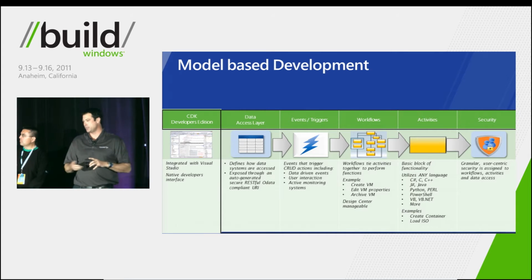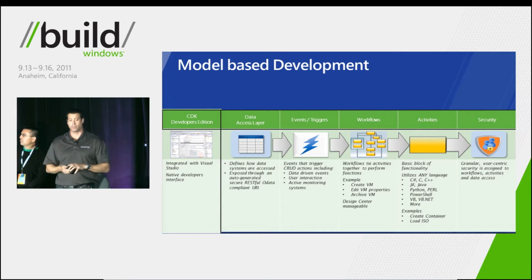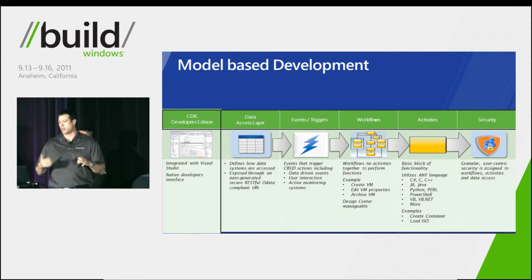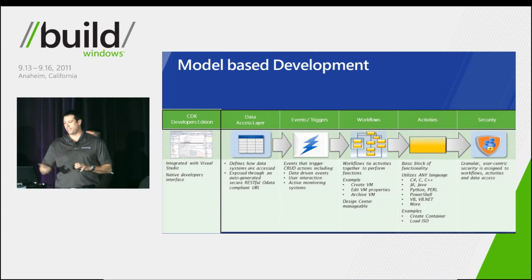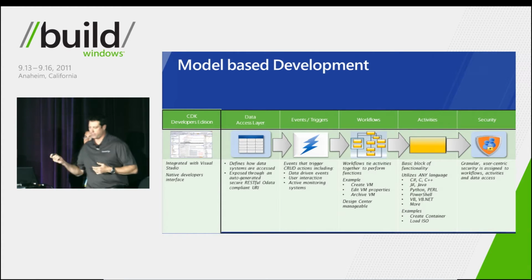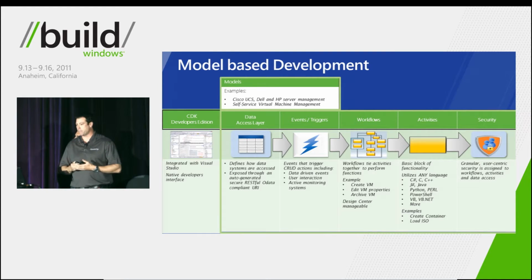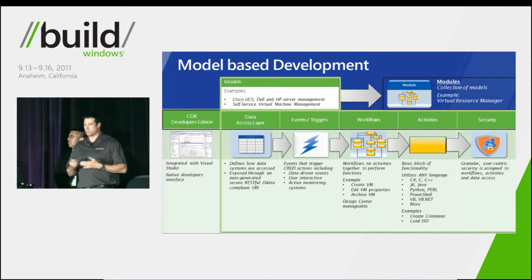We tie that to events and triggers, which ties to workflow. So if something ends up being a little too big, let's say, we can actually kick off a reclamation process automatically. We tie an activity to do that, put security around that, and that comprises our models for doing management.